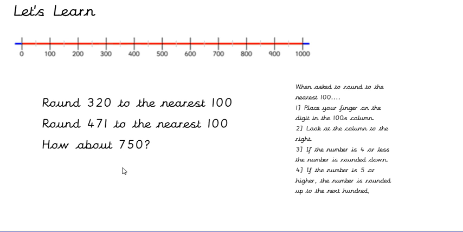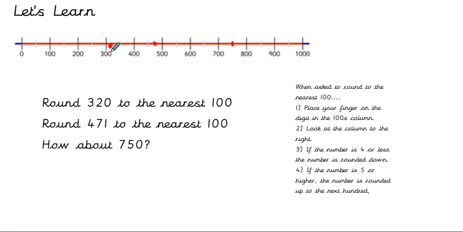Okay, so here's some for you to try. I'd like you to round 320 to the nearest 100, 471 to the nearest 100, and 750 to the nearest 100. So there's 320, 471 is about there, and 750 right in the middle of 700 and 800.